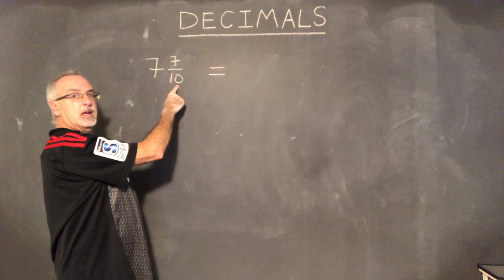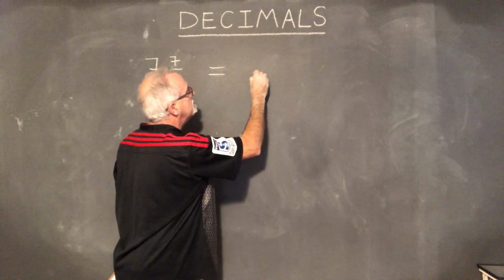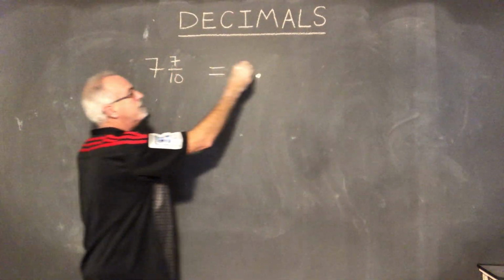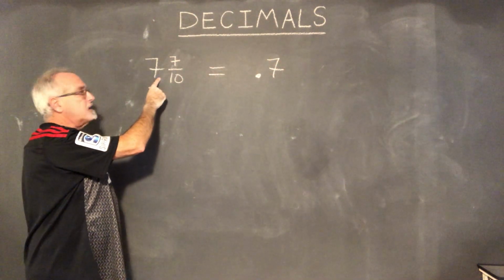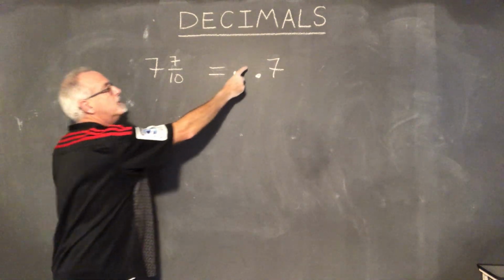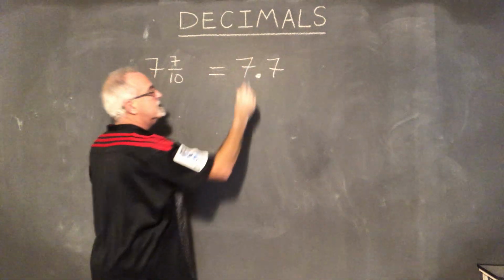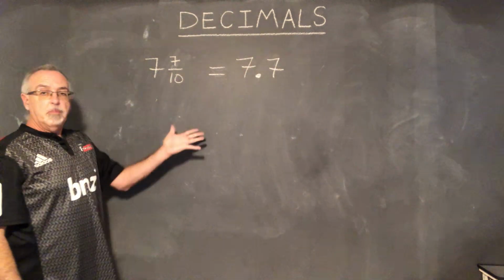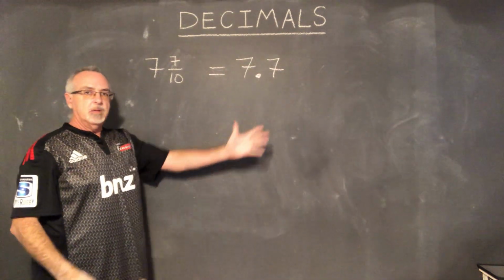Since I have a 10 as a denominator, that means I have tenths, which means I need a decimal point and I need a digit to the right of it, and that digit is going to be this 7. But this time I have the big number in the mixed number, so there is going to be something besides a 0 here, and it's also going to be a 7. 7.7 means the same thing as 7 and 7 tenths. The process works. Even when we have a mixed number, we're still able to do it.